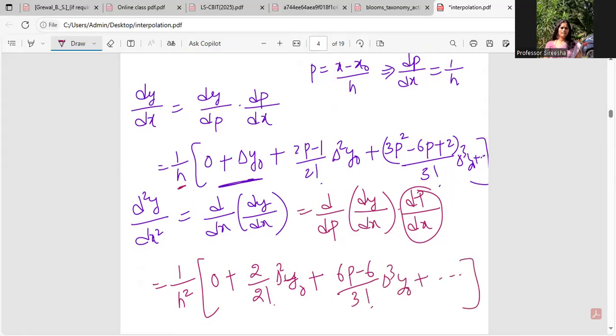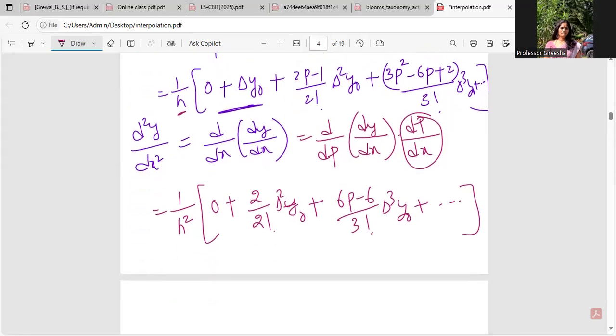I'll do the fourth differences as well. Of course, this is nothing but 1 by h squared, delta squared y naught plus, of course, 3 factorial is 6, so it is (p minus 1) into delta cube y naught, plus and so on.